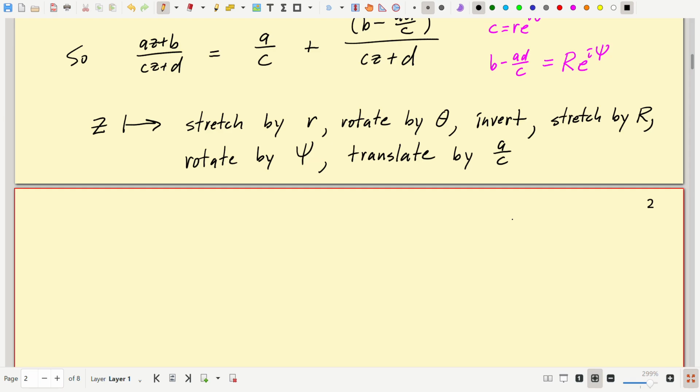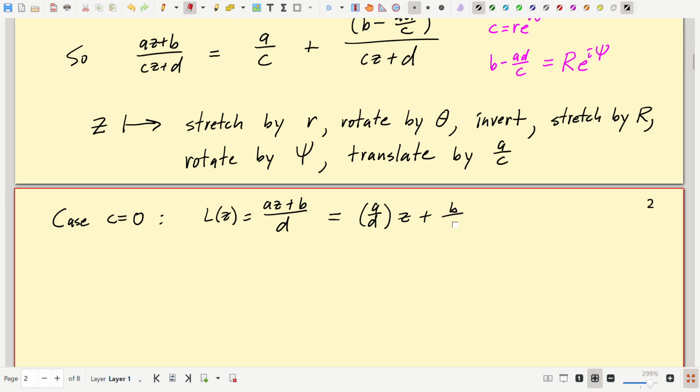Let's see. Oh, the case c equals 0. Then my linear fractional transformation is AZ plus B over D. And of course that's A over D times Z plus B over D. And so that's just a map of the form AZ plus B. So that's a special kind of linear fractional transformation.